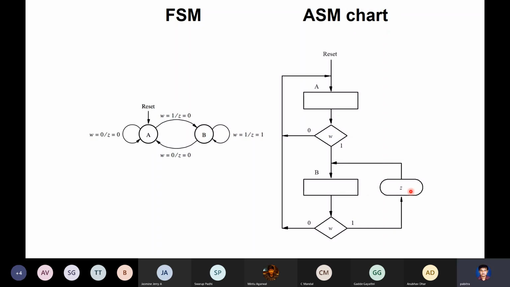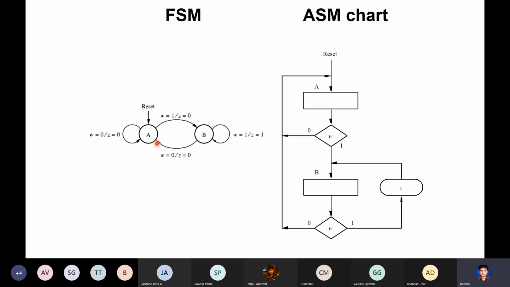So now I have a conditional output block. This is Mealy. And the output Z is 1 only when you are at state B and W is 1.